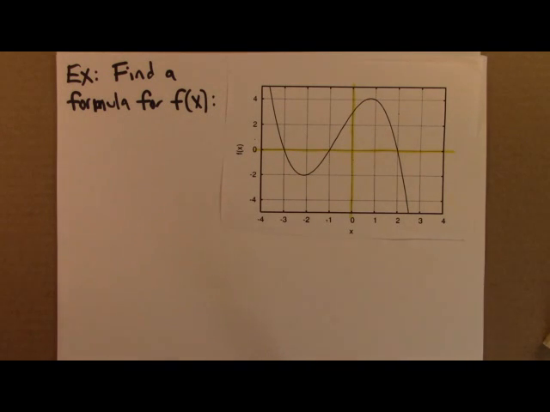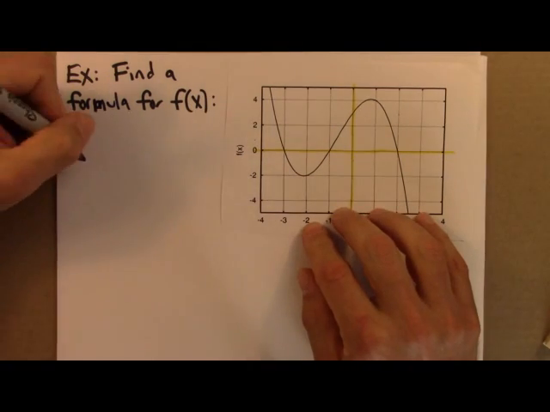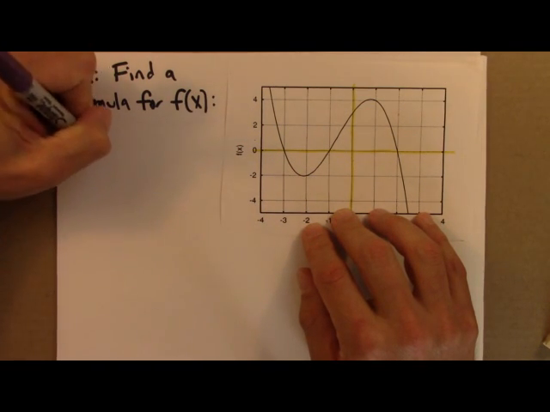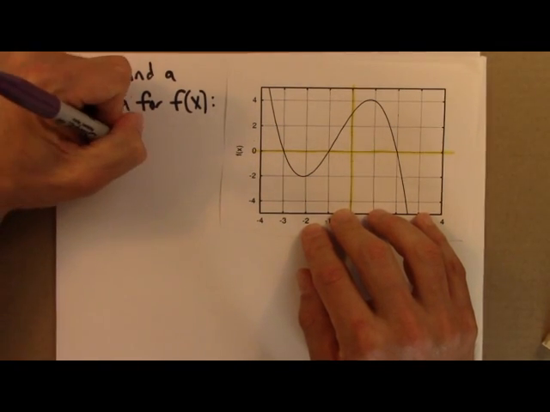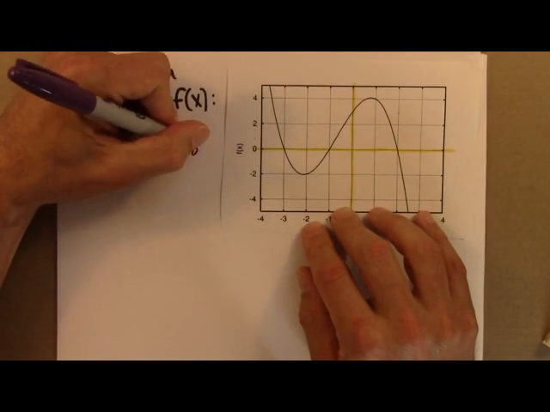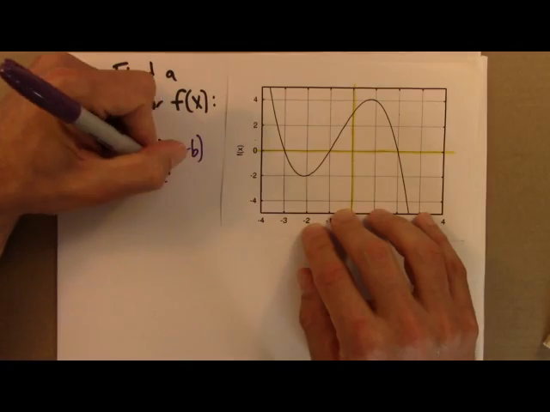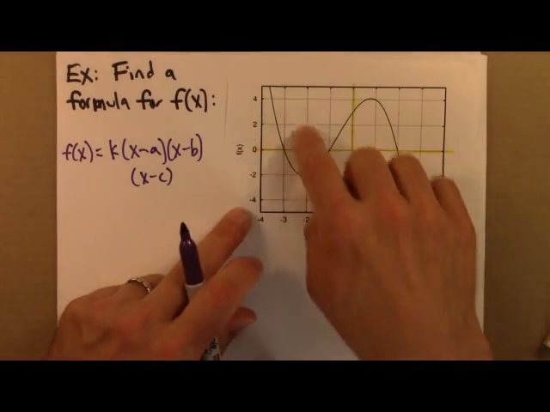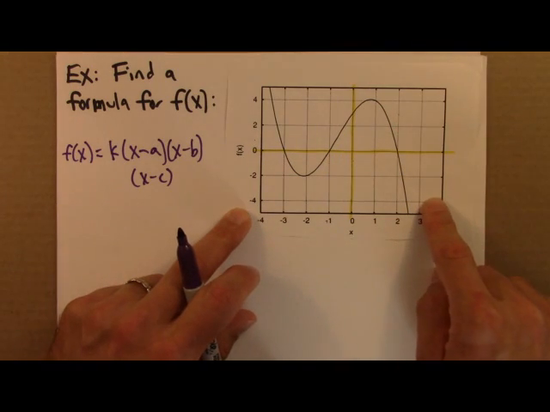So in this setting, it'll be most useful to think of this in this form. So I know it's going to be a cubic because it has a general shape of a cubic function.